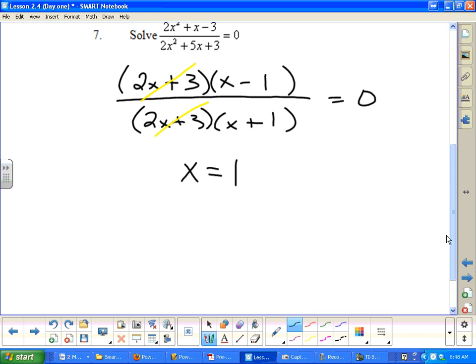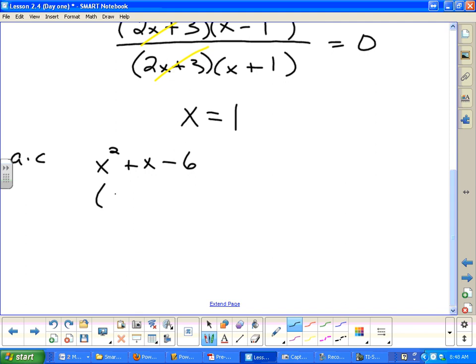So if I do the slide and divide method, which says that we're going to get x squared plus x minus 6, I multiplied a times c. Then I factor it, and we get x plus 3 and x minus 2, correct? So this is the factor.